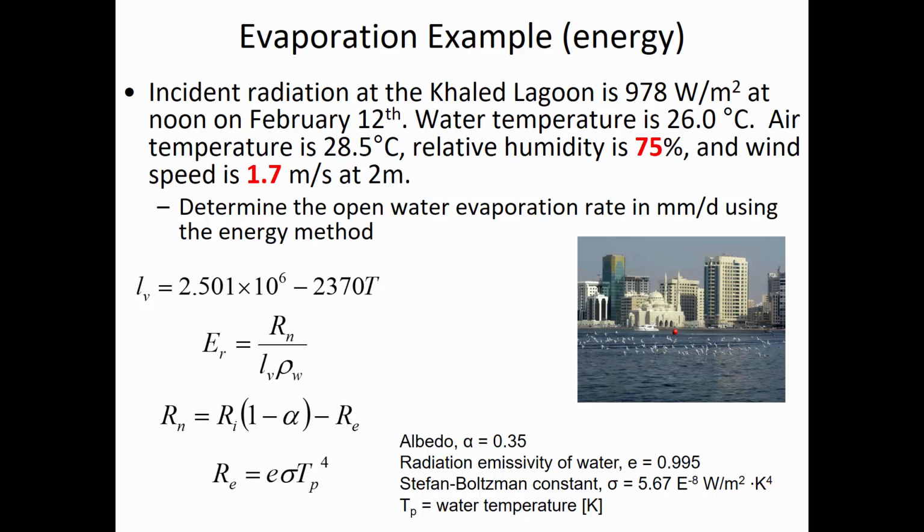Okay, so we put the latent heat of vaporization, because we're substituting into this formula for E sub R, in the denominator. So it's 2,433,455, and just so we can watch the units cancel out, I'm going to write it in terms of watt seconds per kilogram.